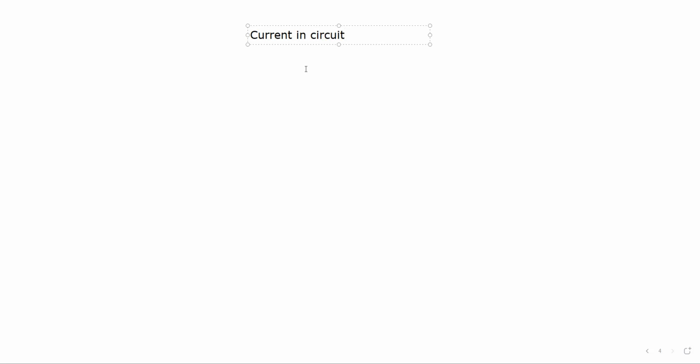Current in a circuit. First, a circuit is the region, the place where the charges can flow. A circuit is divided into two main categories.